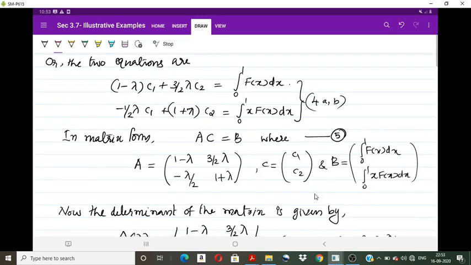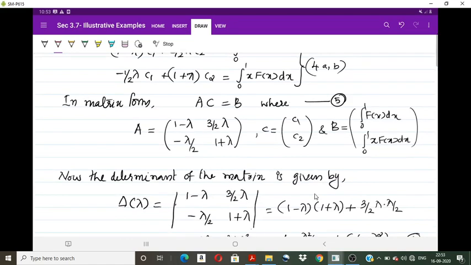Now consider the matrix A equal to 1 minus lambda, 3 by 2 lambda, minus lambda by 2 and 1 plus lambda. The determinant of this matrix is denoted by delta of lambda, which is equal to (1 minus lambda) into (1 plus lambda), minus into minus will be plus, 3 by 2 lambda into lambda by 2.